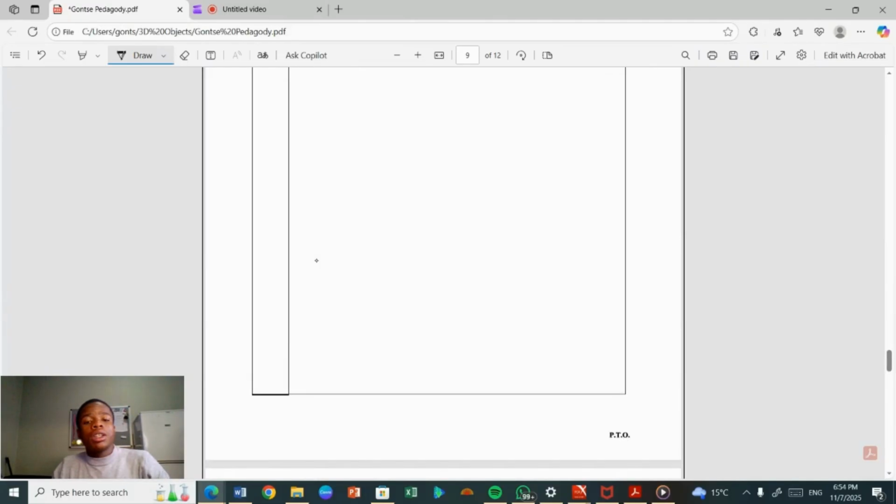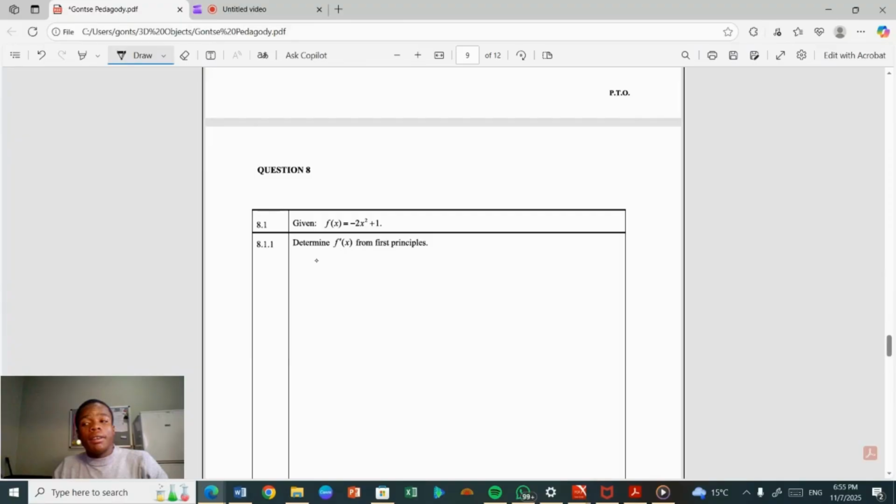So let's move to the question of calculus. So given f of x is equal to minus 2x squared plus 1, right? Then determine the derivative from first principles.